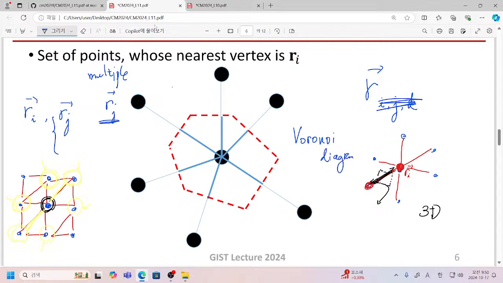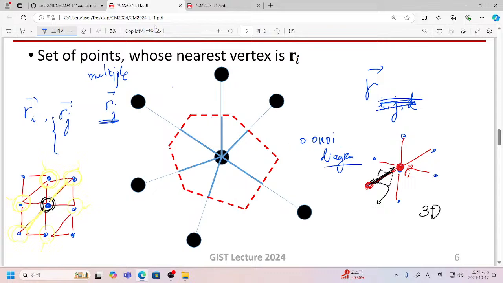I mean that if we have a certain point, then we can identify this omega I, and then omega j, and so on. So the entire domain can be decomposed into a sum of a set of polygons, and this corresponds to the Voronoi diagram.